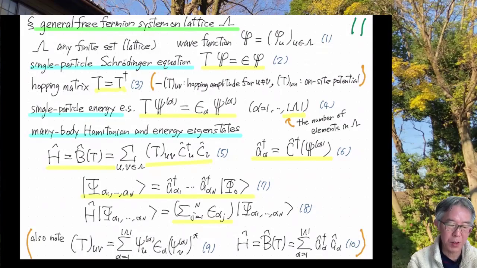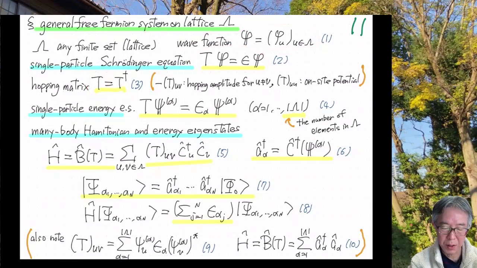This is just the same thing, but now consider a general free fermion system on any lattice. Lambda can be anything, any finite set. In this case, again, we write the wave function as a vector like this. And then the single particle Schrödinger equation is again this eigenvalue equation for the hopping matrix T, and the hopping matrix is just any Hermitian matrix.